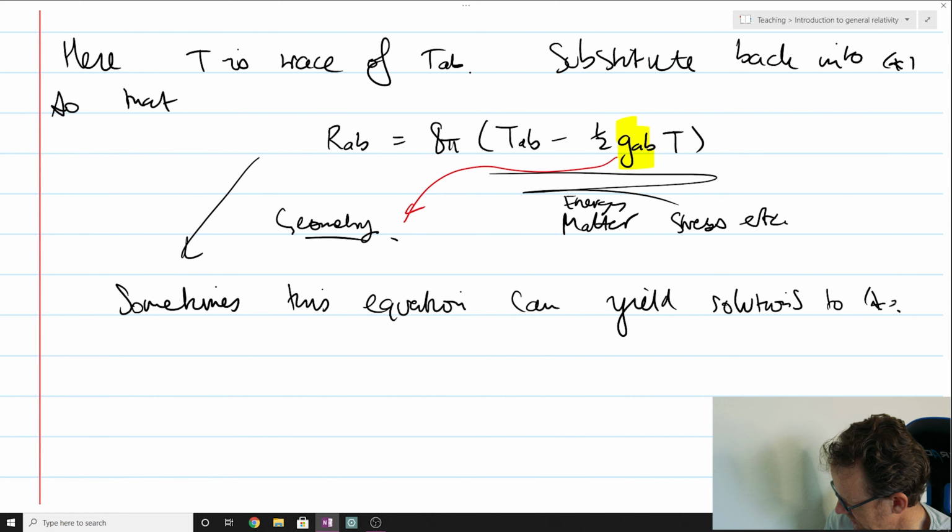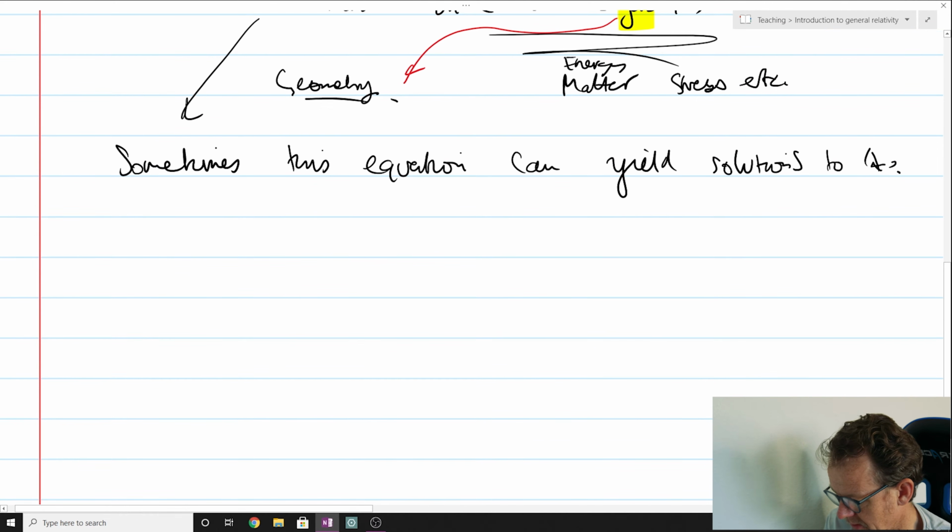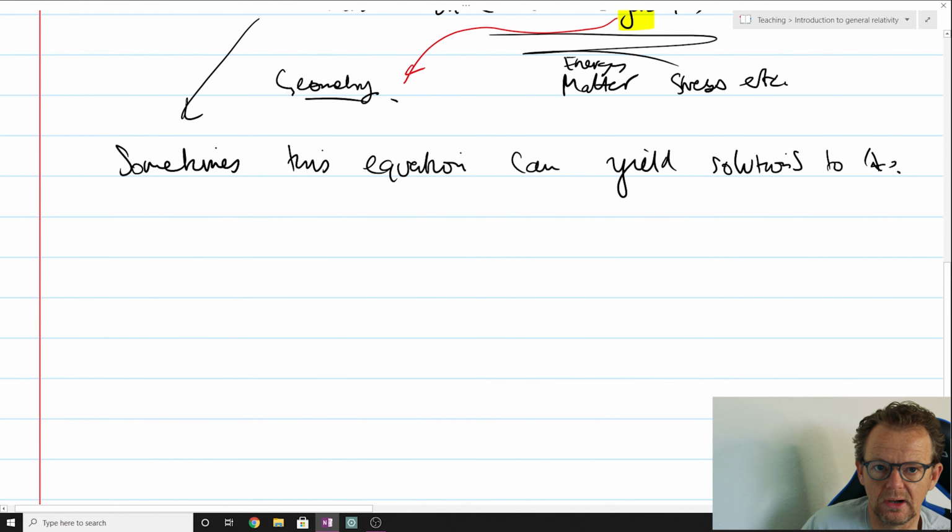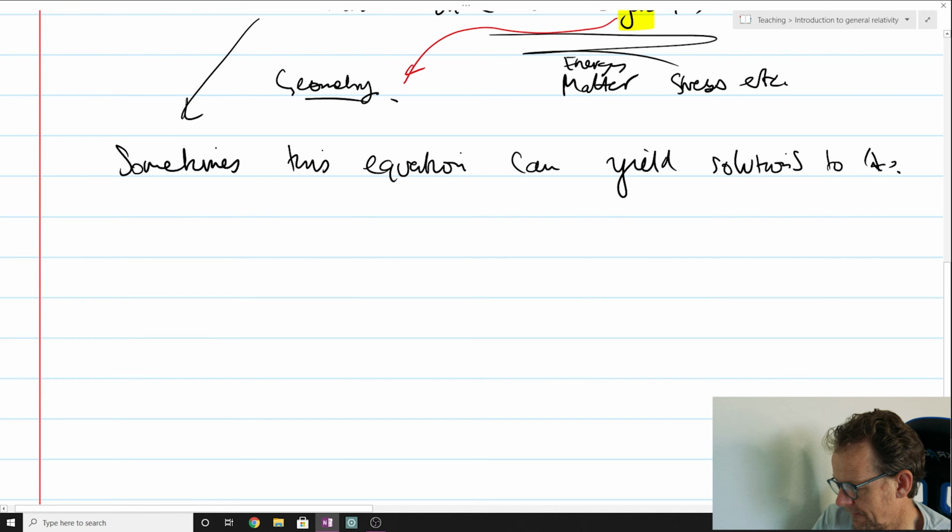Okay, so now we should examine some limits. The next task in studying the properties of Einstein's field equations is to solve it. But before we even do that, we should really convince ourselves that we do indeed recover the physics we know.